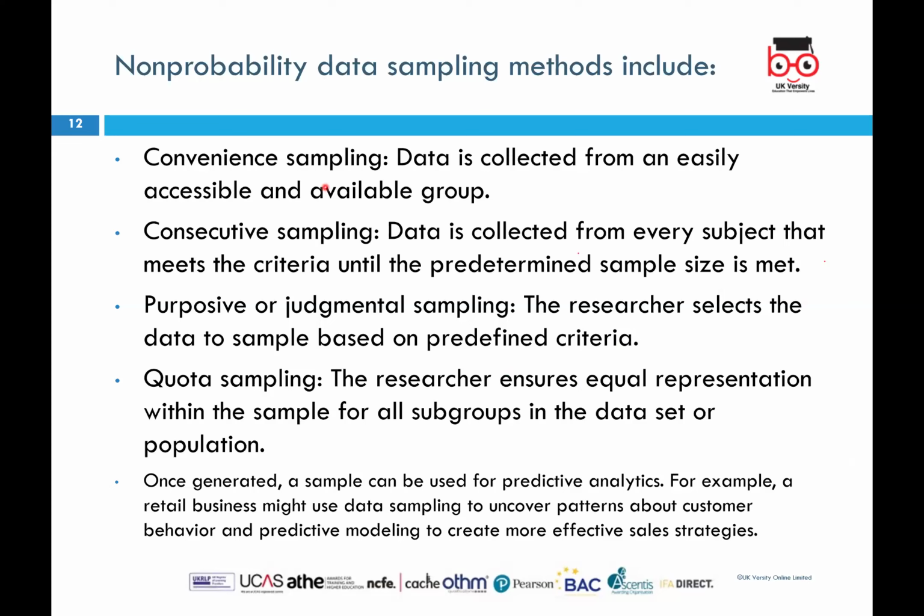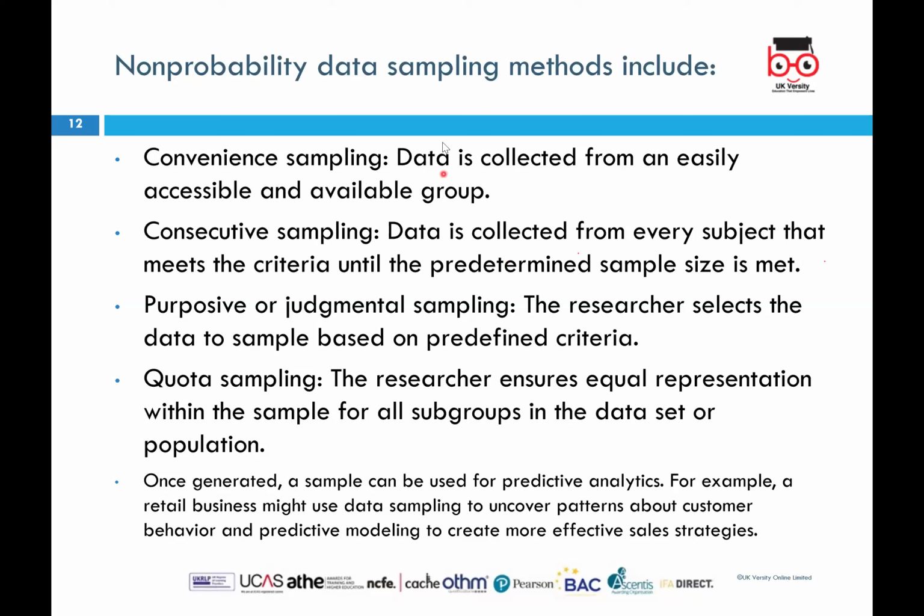Now, let's say you want a probability sampling, you will have names of all the students and you randomly take out 5 names from them and you will randomly select them. So that is probability sampling.